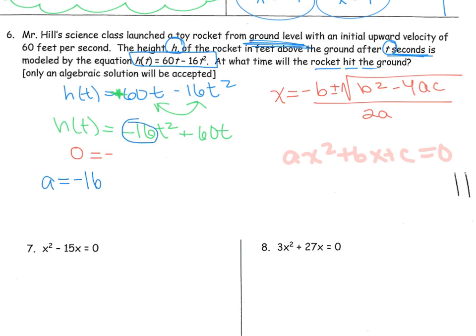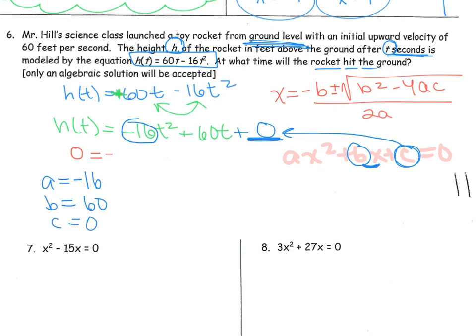It's the number in front of the x squared, or t squared in this case. B is 60. It's the number attached to x. And wait a second. I don't see that c value. If you don't see it, guys, it's 0. There is no constant, so our c value is 0.